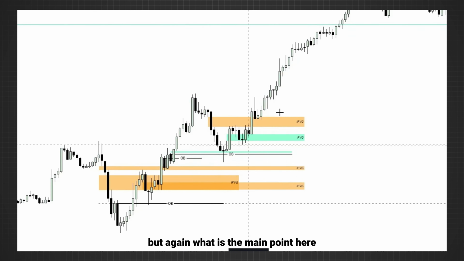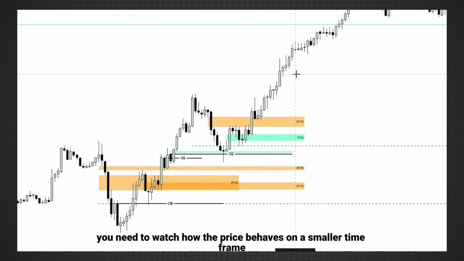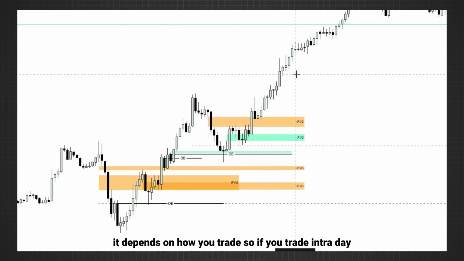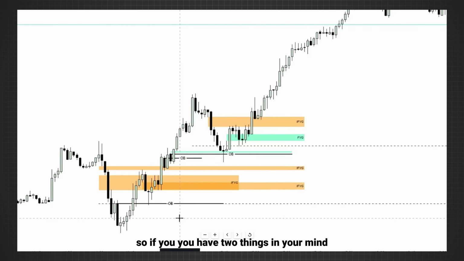But again, what is the main point here? If you want to bet that the movement will move up, you need to watch how the price behaves on a smaller time frame. It depends on how you trade. If you trade intraday, you can find confirmation on M5, M1, and just watch the price. So you have two things in your mind: the price has to bounce off something.